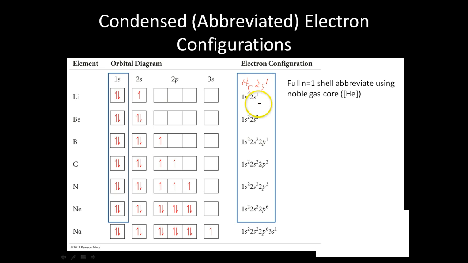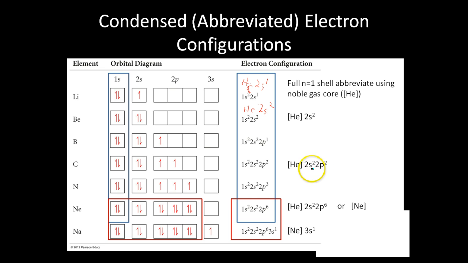2s1. Of course, we didn't really save a lot of space with this one, but down here this would be helium 2s2 for beryllium. And this would be helium 2s2 2p2. Well, the cool thing is we can do this with other noble gases also.